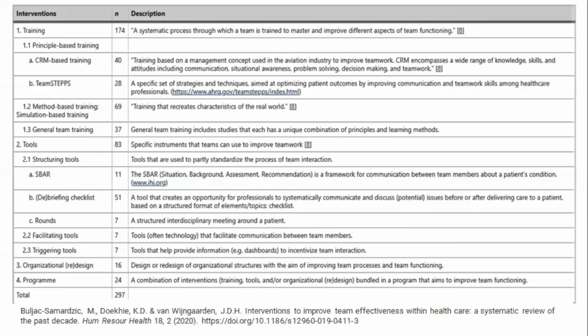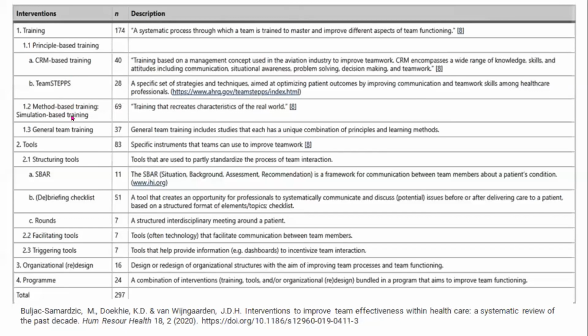Or you could use method-based training, which is simulation-based team training. What you're using now is simulation to train your teams. What we have done is use a combination of simulation-based team training and CRM.